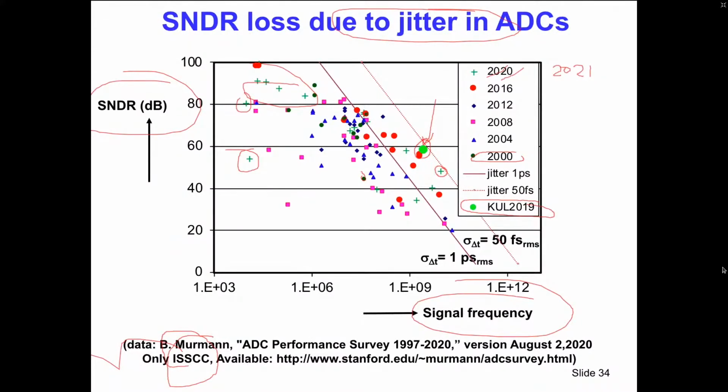You see that the big crowd is basically in the 1 to 10 picosecond jitter performance region over here, not battling for the high grounds there. So in the next few slides, I'm going to explain a little bit how we got our jitter to that point.